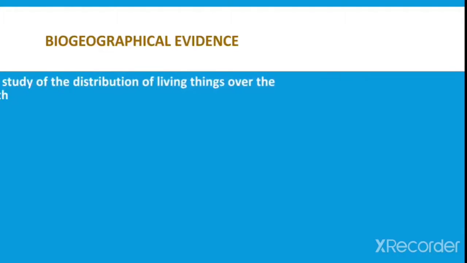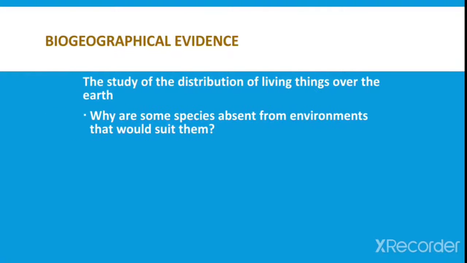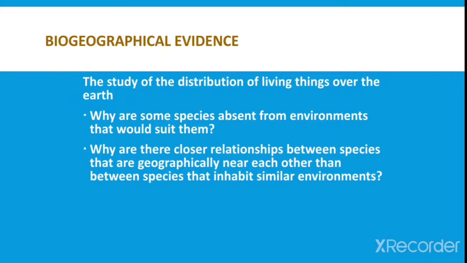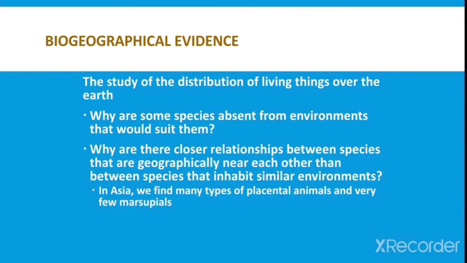Then we have evidence from the field of biogeography as well. The study of the distribution of living things over the earth. Now the question, why do we find some species absent from environments that would suit them? Similarly, why are there closer relationships between species that are geographically near each other than between species that inhabit similar environments?